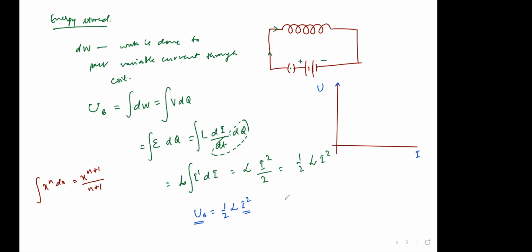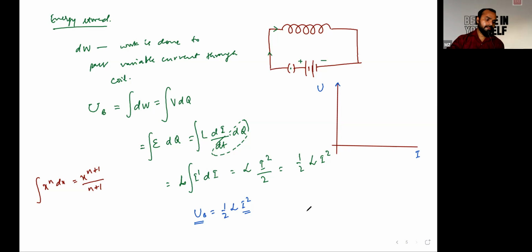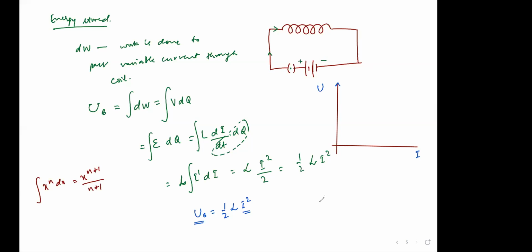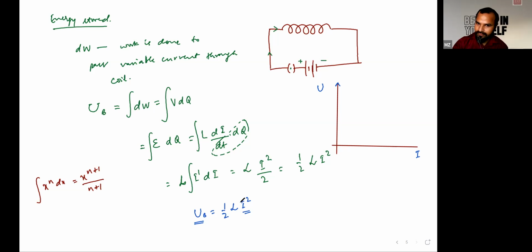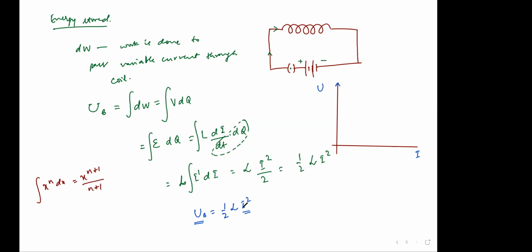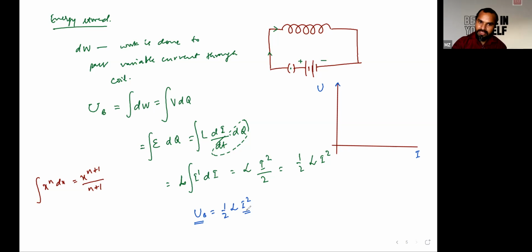Good. Along which axis? Parabola along which axis? Just see, with an even power on one of the coordinates, the parabola would be along the opposite axis. So we have an even power on current, so the parabola would be along the energy axis.